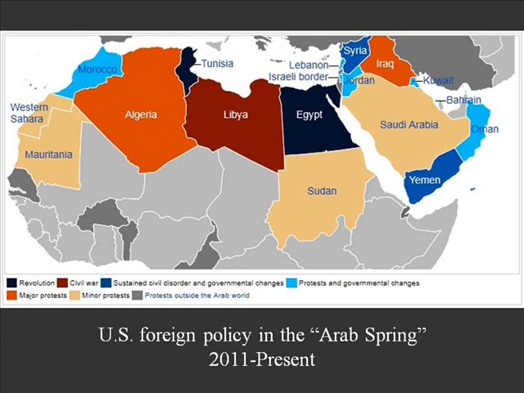In countries that have tried to reject orders from the U.S., when uprisings hit those countries, the U.S. is usually in favor of those uprisings because they knock out what the American leaders view as enemy governments in places like Iran or Syria or Libya. So the U.S. foreign policy in relation to the so-called Arab uprisings or the Arab Spring is still up in the air about what the long-term results are going to be, but a lot of people in those regions understand what kind of decisions the U.S. is making and are not very happy about it.